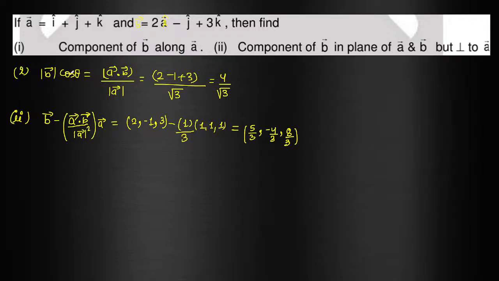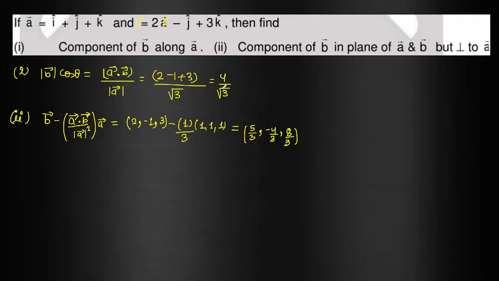Mod B vector cos theta, which is A vector dot B vector by mod A. So A dot B is 2 minus 1 plus 3, and mod A is root 3. We don't have to find mod B. So it is 4 by root 3. This is the component of B vector on A vector, the mod B cos theta part.